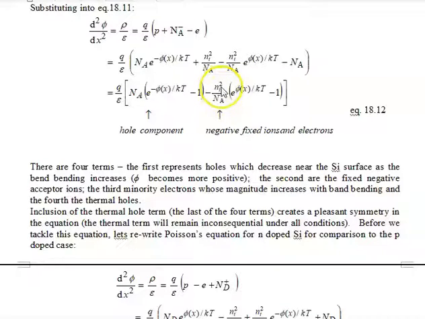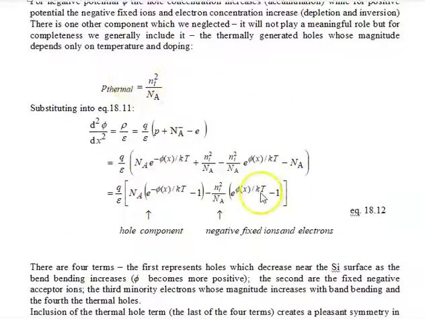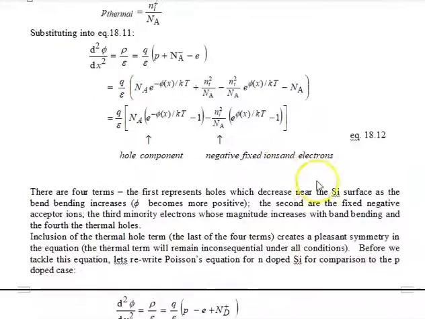This is 10 to the minus 20, this is 10 to the 17th, so this is pretty big, pretty small. And this term is plus N sub I squared over N sub A, that's this term here, and that is negligible. So these are the 2 terms we're going to be concerned about.